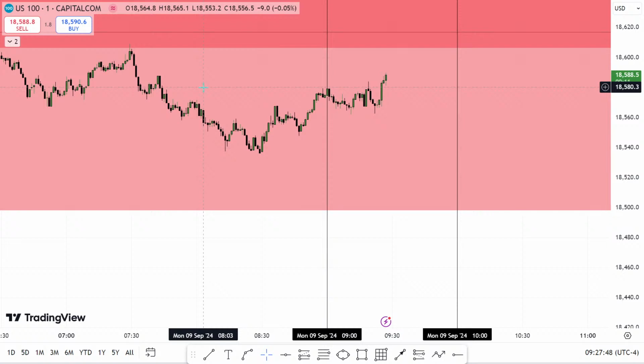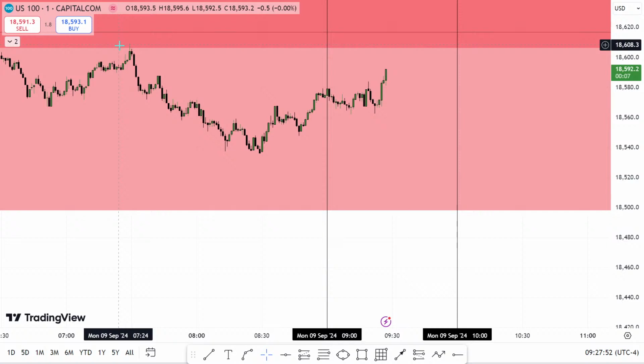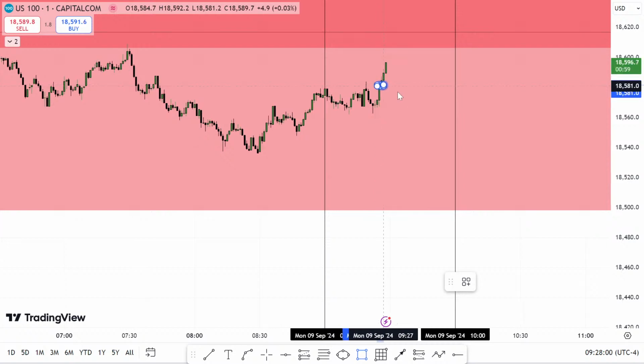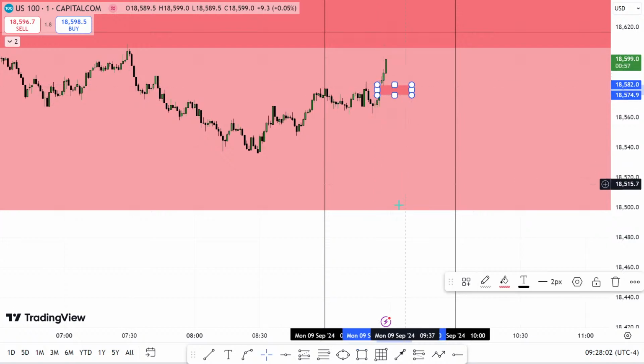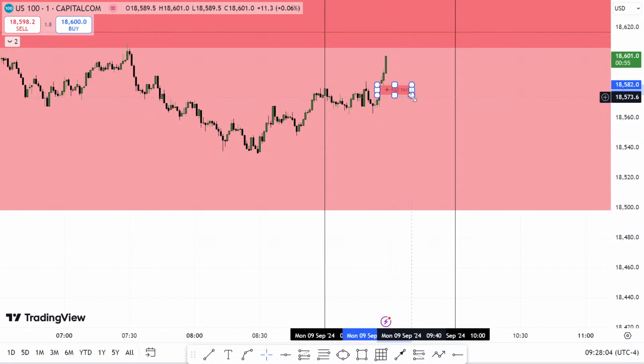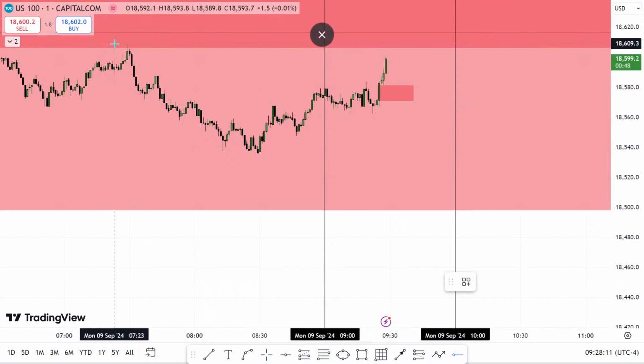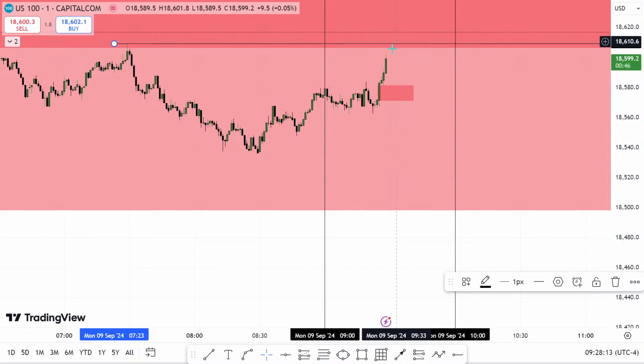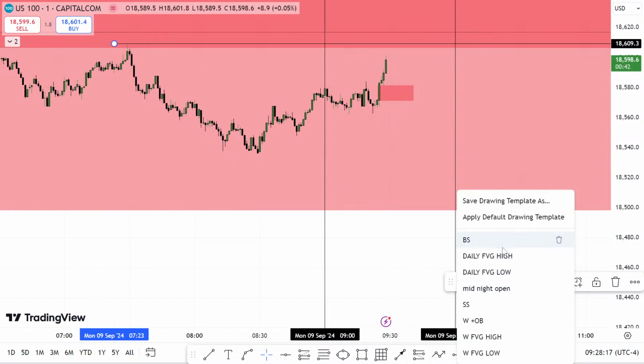So this bullish fair value gap to the buy side liquidity resting here. That's where price is going to right now. So bullish fair value gap, buy side liquidity resting here, just as I said, right?